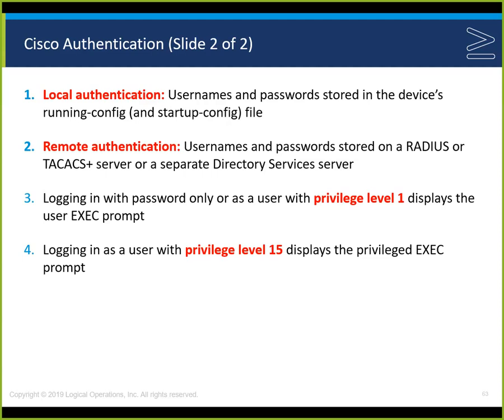If we use the username and password, and we don't specify privilege level 15, or if we have configured other privilege levels, then we're going to get the user exec, and then where are we going to go from there? What kind of authentication do we need in order to have higher levels of authorization on these things?